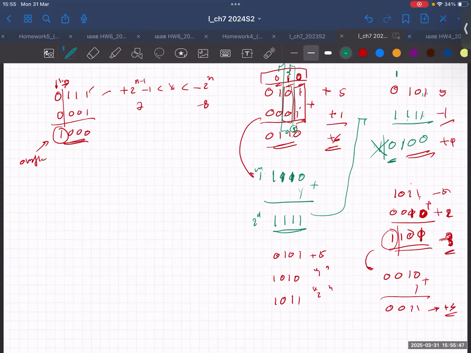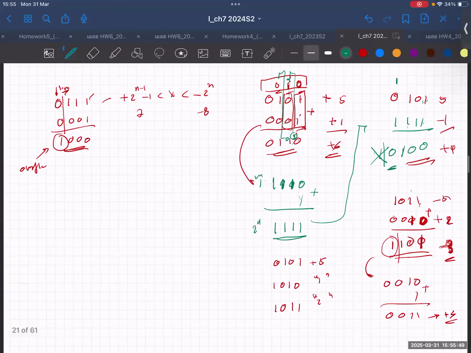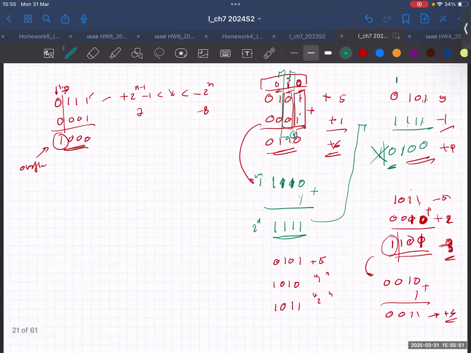Okay. When you do minus, if you still remember, we have a trick that we don't need to add them here. We can add it later because, for example, if you do 5 minus 1, you can actually split it into 3 lines. It's 0 1 0 1 plus the one's complement of 1, which is 1 1 1 0. This is one's complement, right?